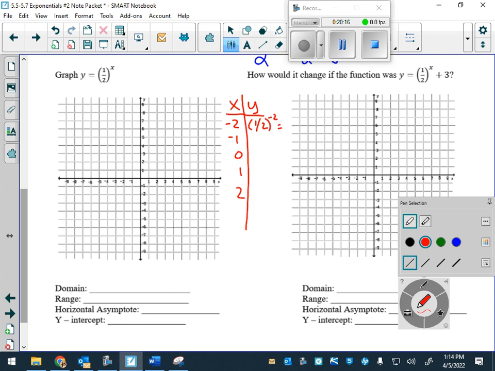Nolan? 4. Excellent. 1/2 to the -1st. Brayden? 2. 1/2 to the 0. 1/2 to the 1st. How about 1/2 squared? Yep. Okay, so we're gonna go ahead and graph those. 2, 4.